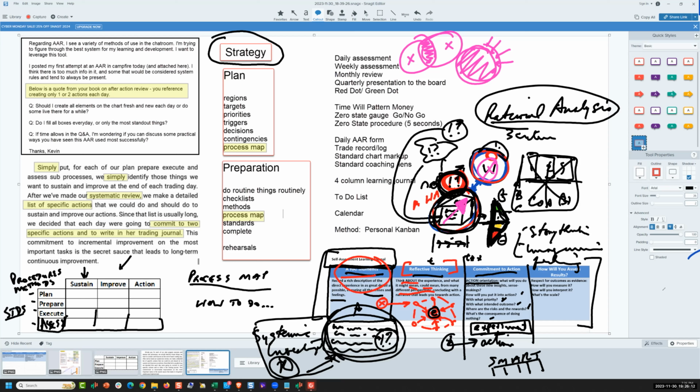Let's go. And then in the fourth column, how will I assess the results of that experiment, and how will I measure it, interpret it, and what's the scale? And then when I get the data, what conclusions can I draw from it? And then how do I put that into action?